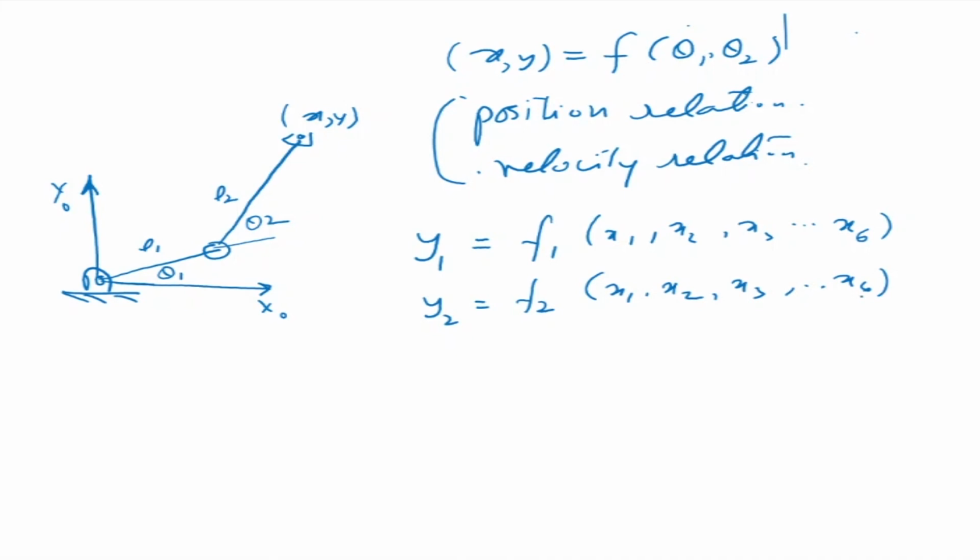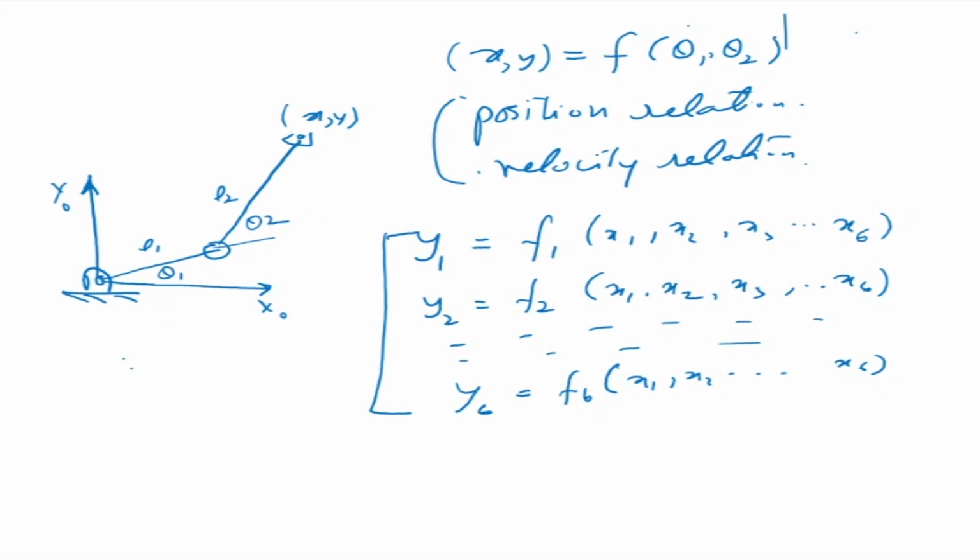And y6 is equal to another function of x1, x2 up to x6. Now I can write this combined as y is equal to a function of x. That is exactly what I've written here. Okay, y is a function of x.